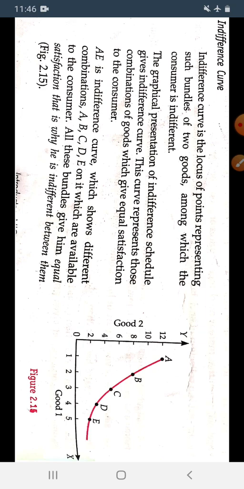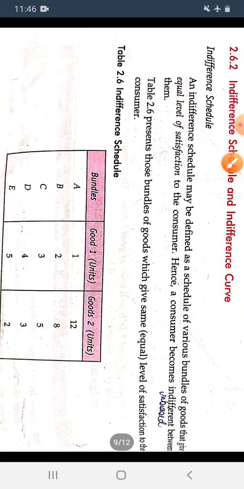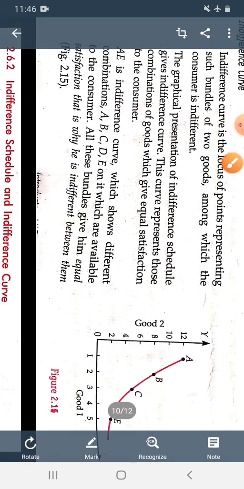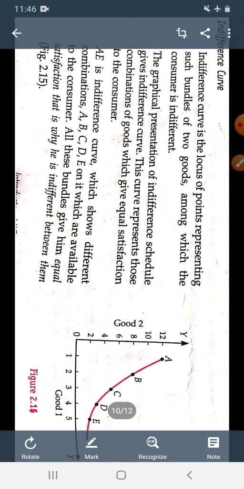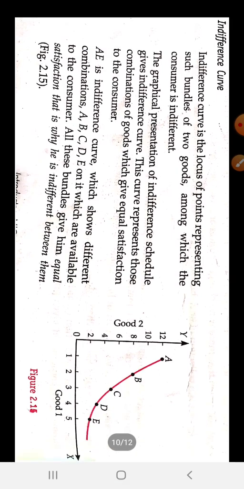The graphical presentation of the indifference schedule gives the indifference curve. When we show the graphical presentation of the indifference schedule, it gives us the indifference curve.